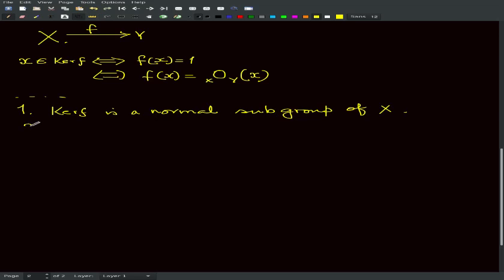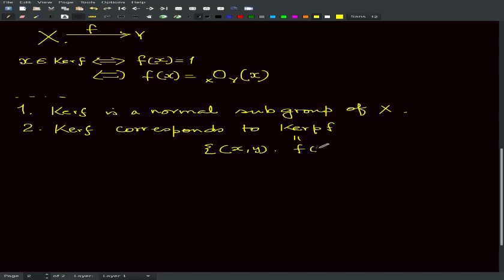The second fact is that the kernel of f corresponds to, if we look into the kernel pair of f, which is what we have looked at now, there is a correspondence between the kernel of f and the kernel pair of f.